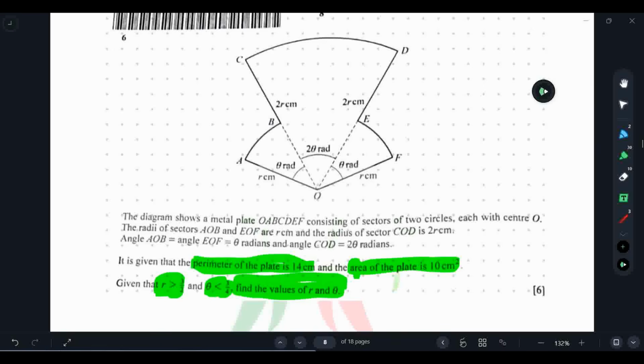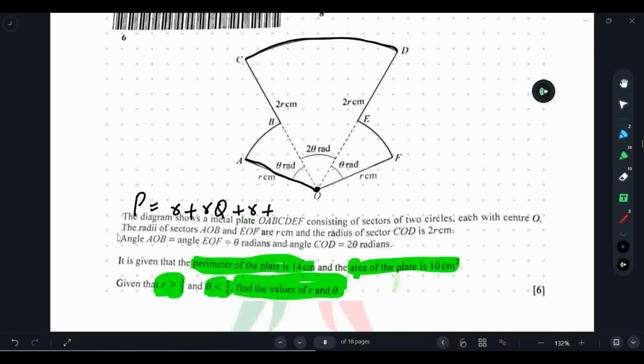So if we add all these sides, let me start from here. Perimeter will be equal to r plus the arc length AB, which will be r theta, plus the length of B to C, which will be r again, plus the arc length CD.